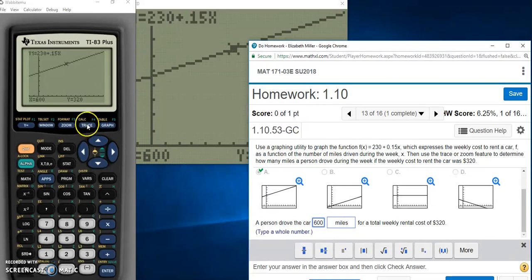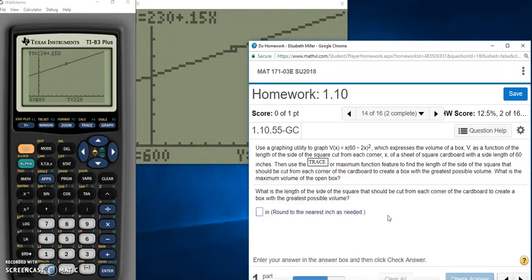That was hitting the trace button. Hitting trace lets you follow along the line. Even though I'm just hitting the right arrow, it's following along the line. So I can find any point on here that I want. But what they wanted was 320 for the y value. So right there.